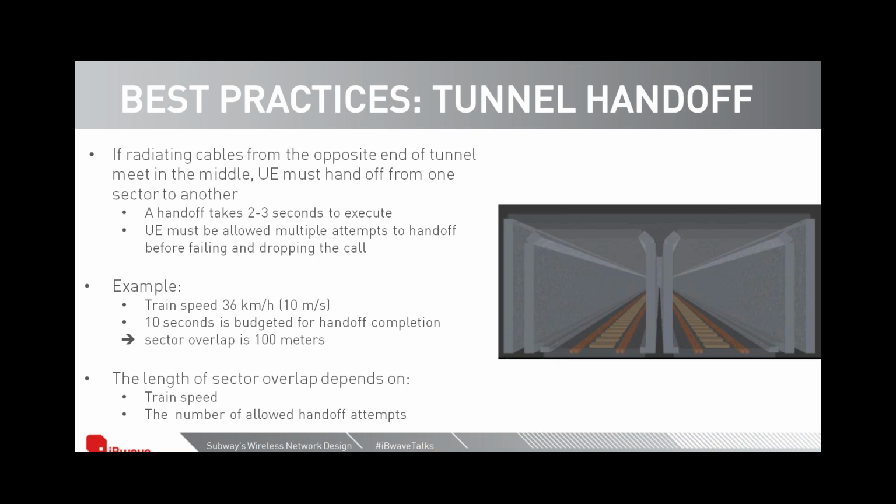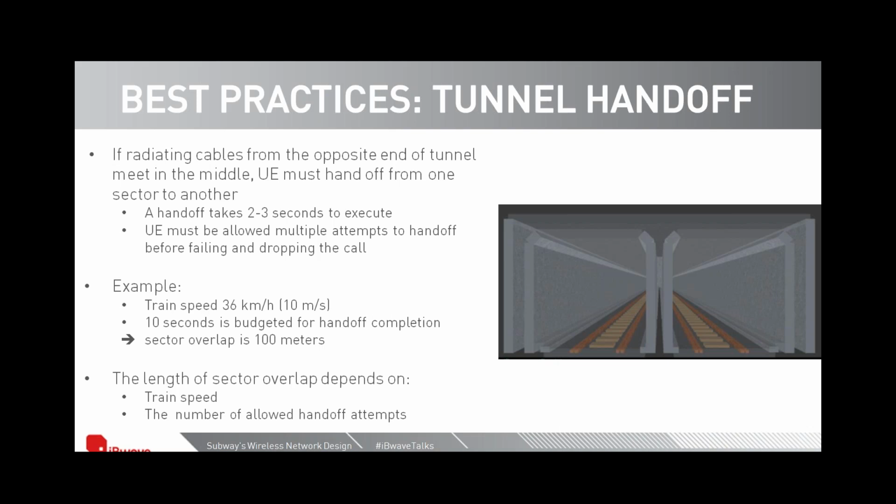We have said that 800 meters is our maximum cable length, and then we have 2 cables, so it can be 1.6 kilometers. Well, we have to allow the last 100 meters of those 2 radiating cables to overlap. So it is not 1.6 kilometers, it is 1.4, because we let 700 meters of each segment cover their own sector, and then the last 100 of both are overlapping.